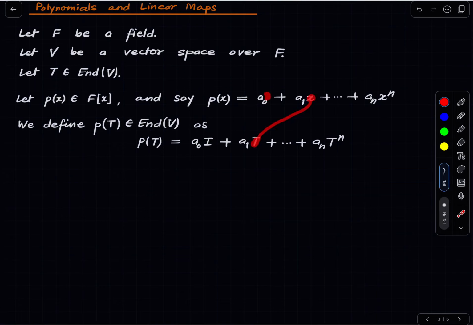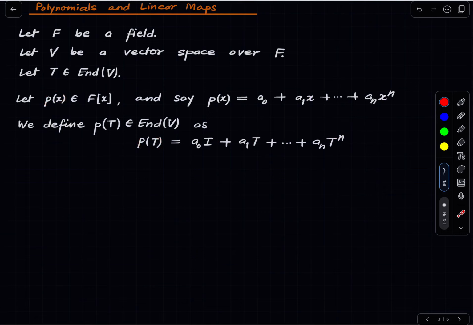And interpret t to the power 0 as identity. So here you get identity, here you get t to the power 1, which is t, then you get t to the power 2, and ultimately you get t to the power n. So for every polynomial, we get an endomorphism on the vector space.